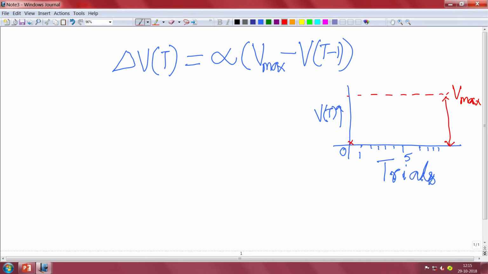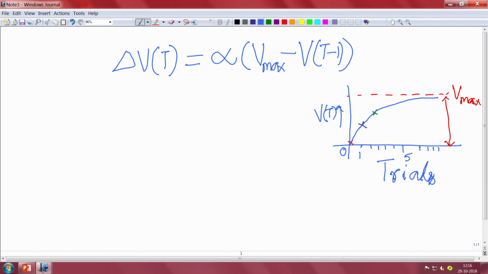So, if it were half, you would expect the response to be somewhere here, and it progressively increases, though the amount of increase itself decreases, giving rise to this nice asymptotic curve.